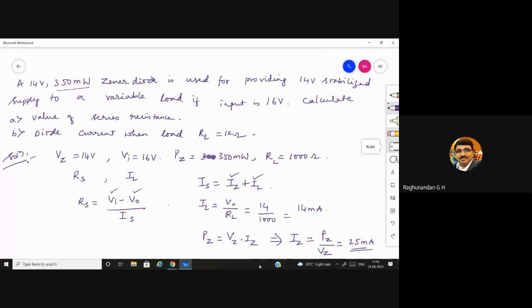Fine. So now here it will be 25 milliamps plus 14 milliamps. So that gives 39 milliamps. That is the IS value.